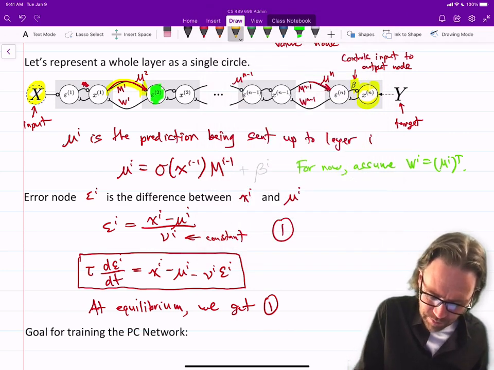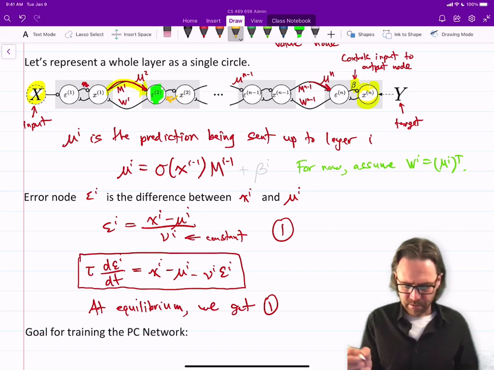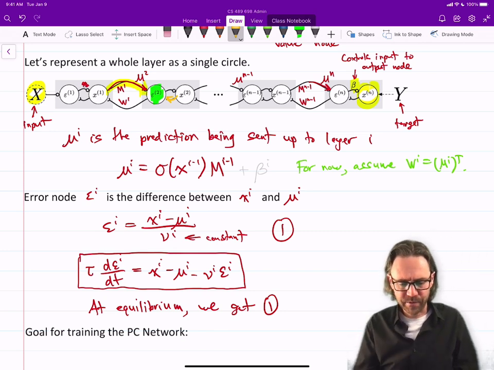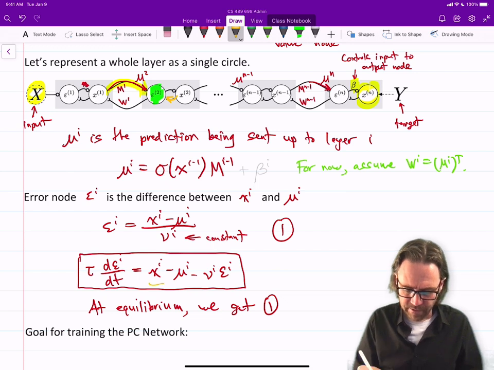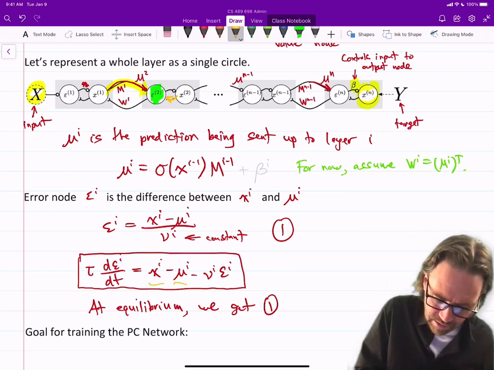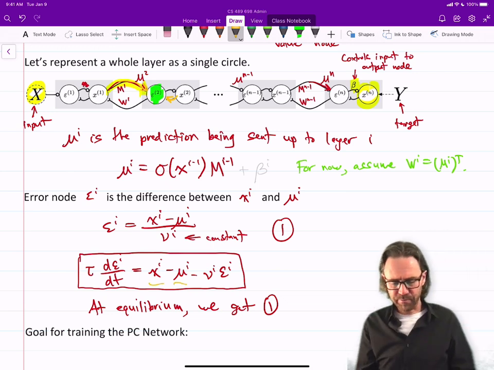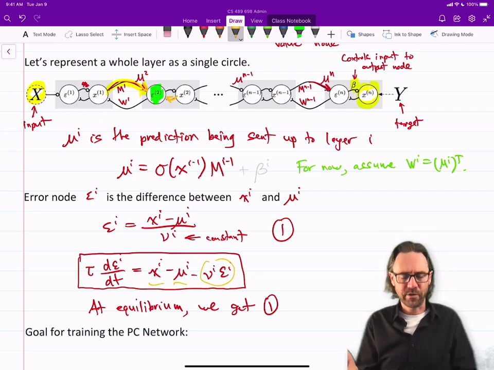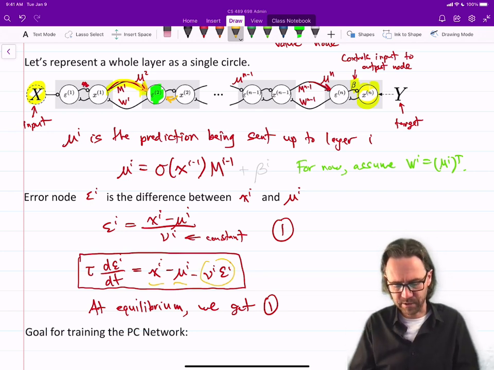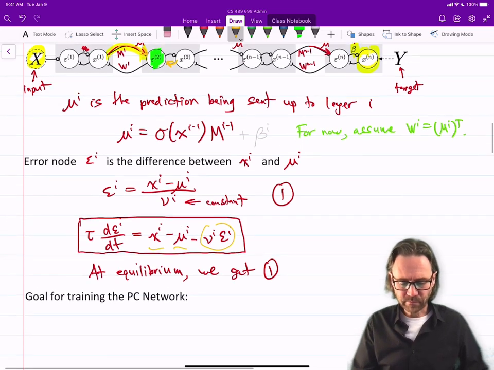Well, one thing that's coming in is input from the x in the same layer. So that explains that first x there. Now this mu is the input coming from the layer below. And then we just have this other decay term, which is part of the dynamics, but is not illustrated in that little drawing I have there.